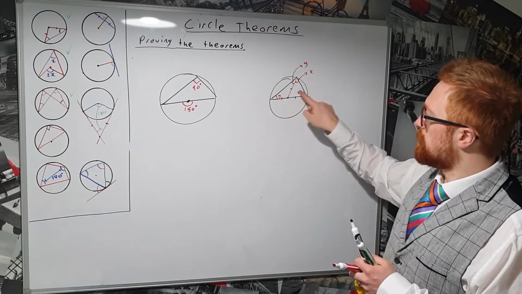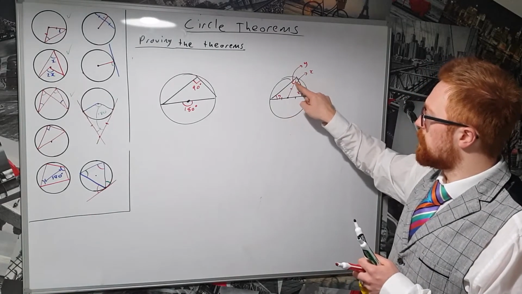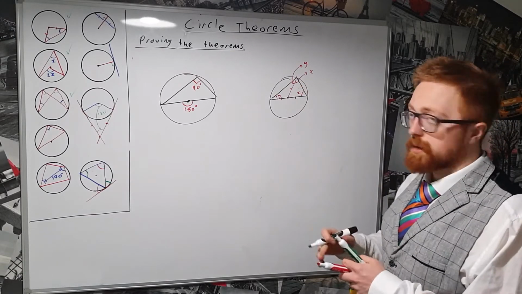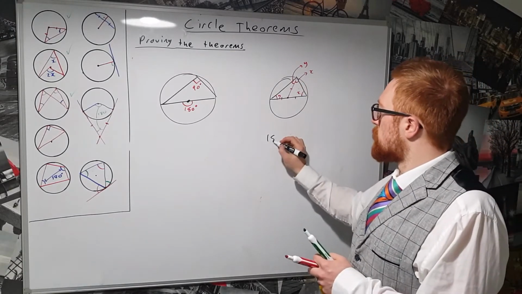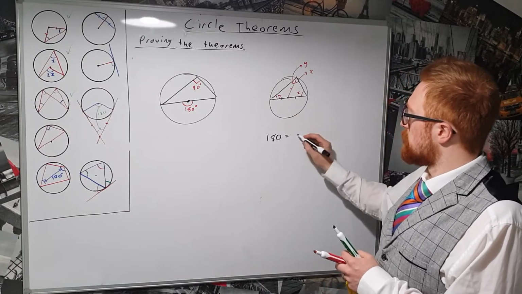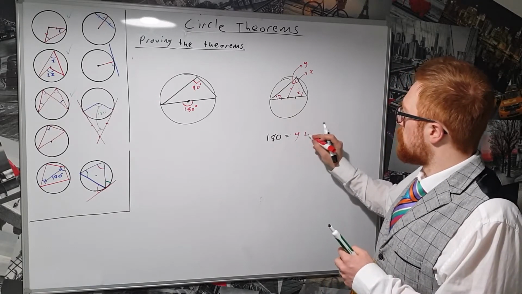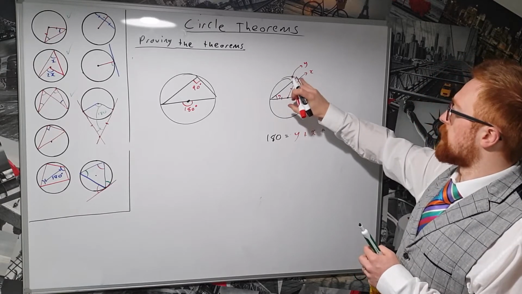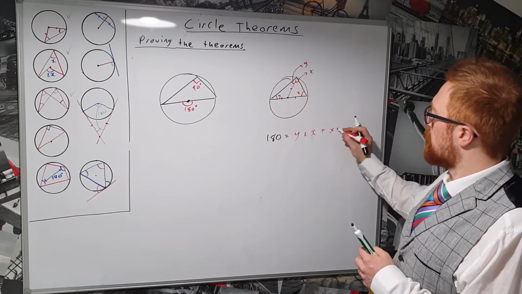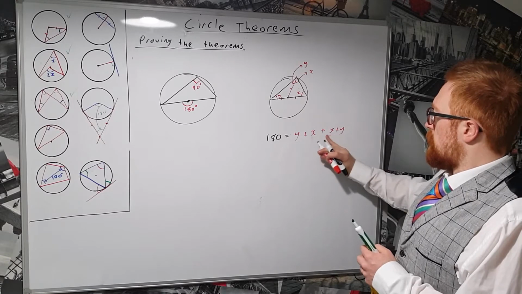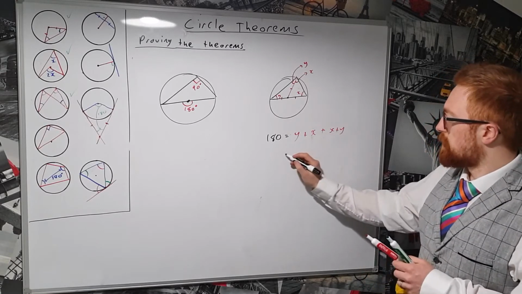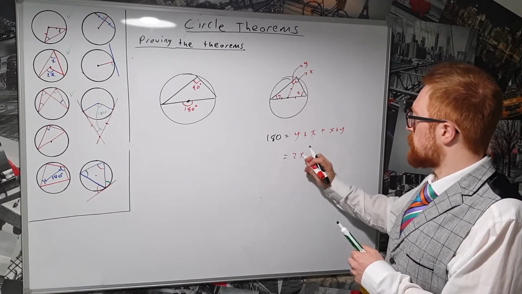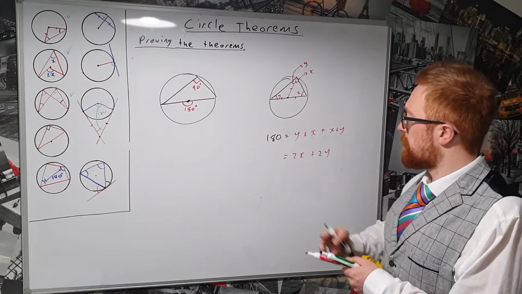These angles add up to 180 degrees because they're angles in a triangle. So we get 180 is equal to y plus x plus this angle up here, which is x plus y, which simplifies to 2x plus 2y.